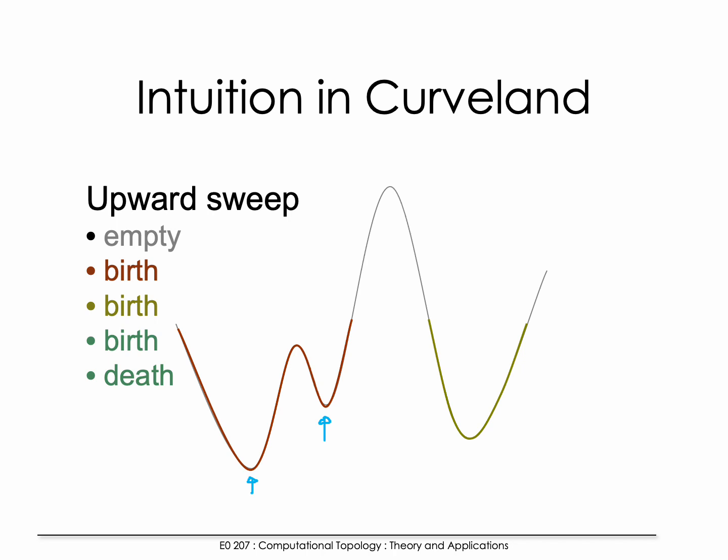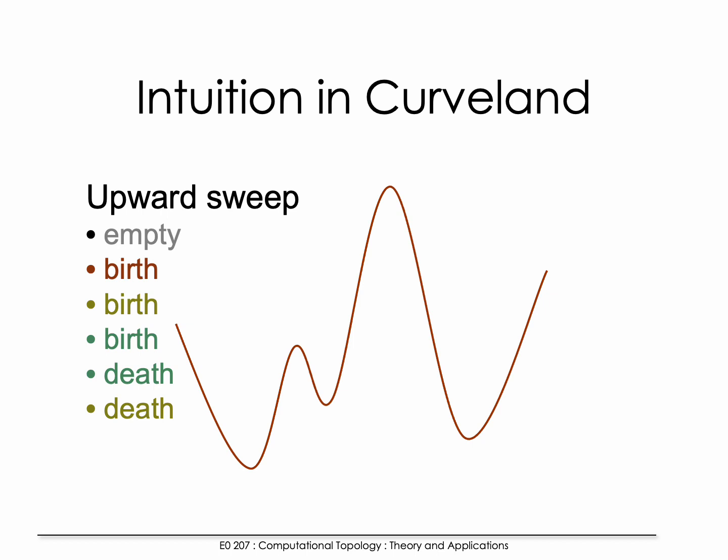Let's move upwards as we go along the sweep. There was one surviving brown component, and then there is the other greenish brown component, which again merge at the next second maximum. Now here again the elder rule is applied.